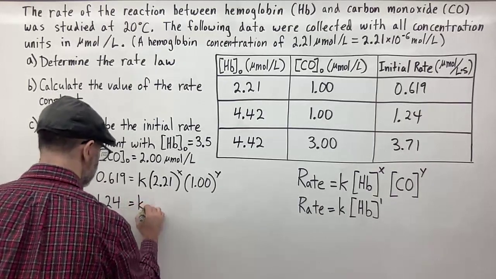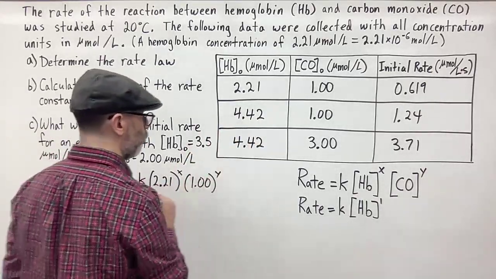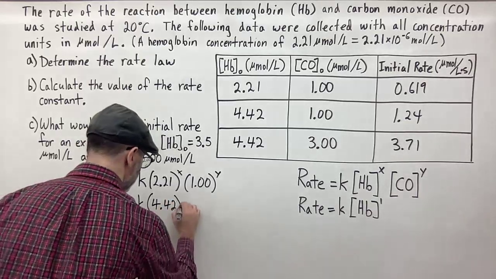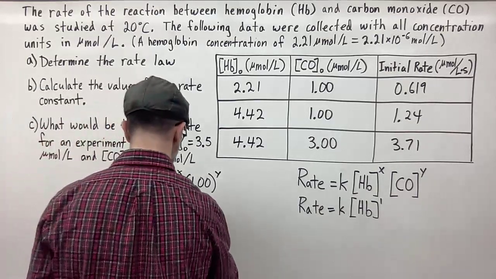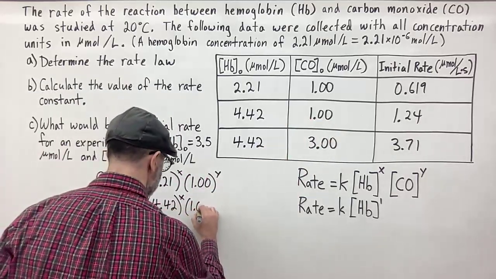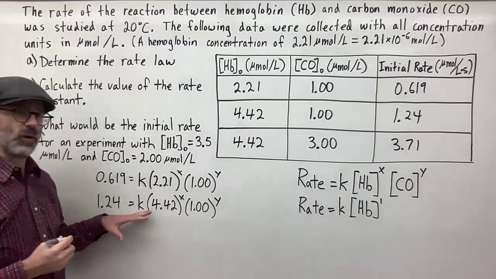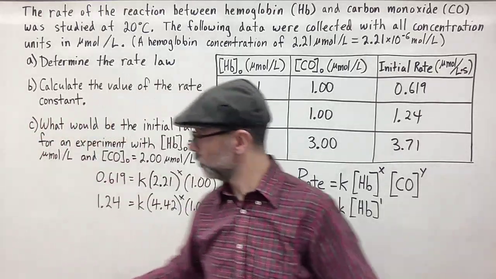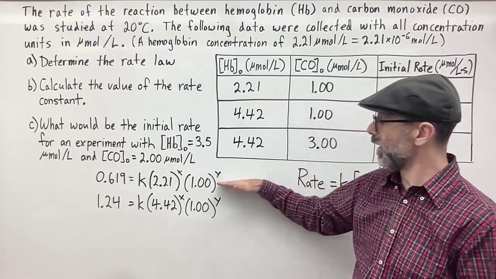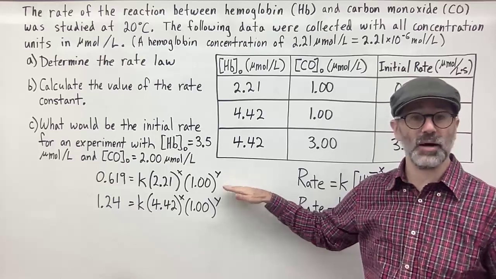That's again equal to K times the hemoglobin concentration, which is 4.42, and again X. And then this is 1.00, and then Y. So here's the equation plugged in with the two sets of data plugged in.